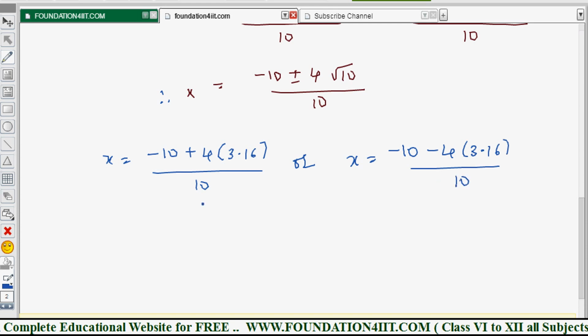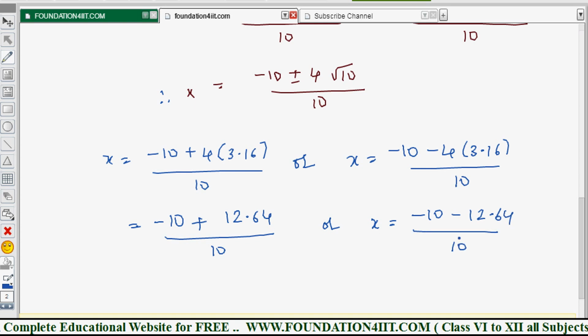You take separately like this. Then to simplify, 4 into 3.16 is 12.64, divided by 10, or x is equal to minus 10 minus 12.64 divided by 10.